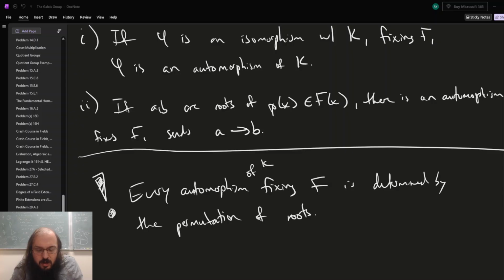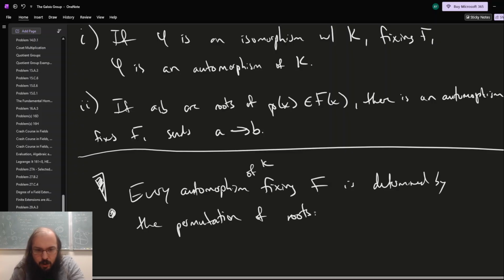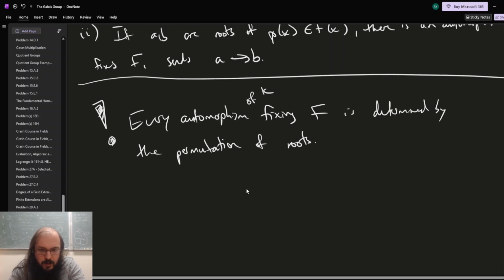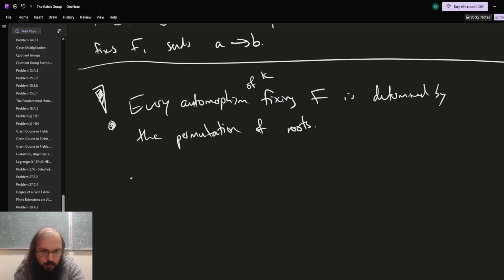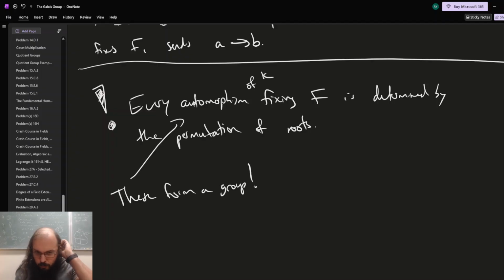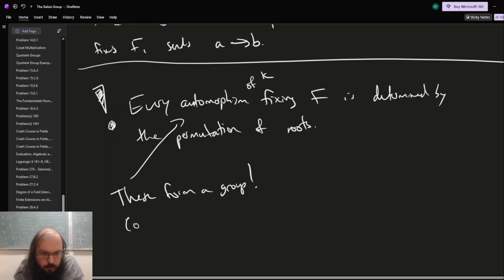Well, the magic here is that we also have a group here. Automorphisms form a group. And of course they form a group, because they're isomorphisms from a thing to itself, under the operation of composition.